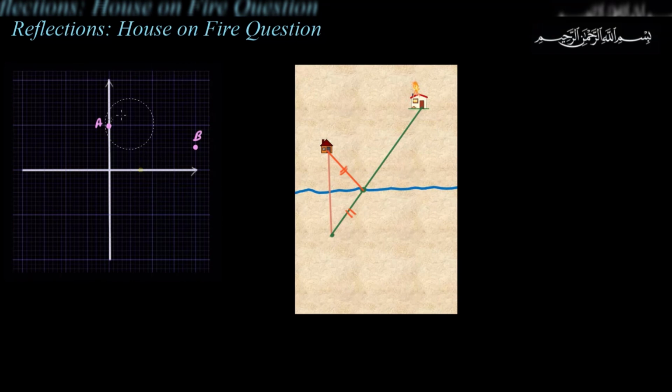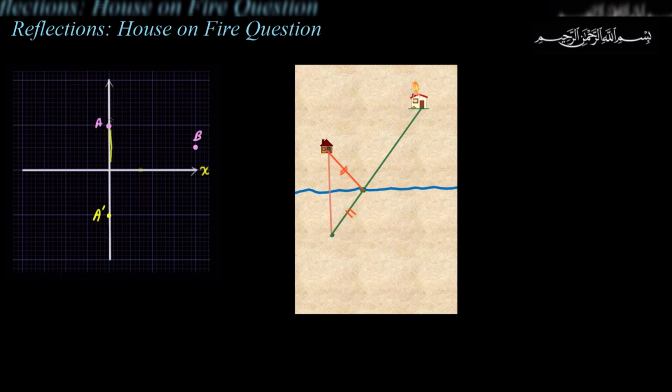The same analogy would apply over here, actually. So let me just get rid of this yellow point here. So here you would reflect point A across the x-axis because that's where you're going to stop. I made this easy because this is on the y-axis. So this would be A prime, and I just reflected this from here to here.